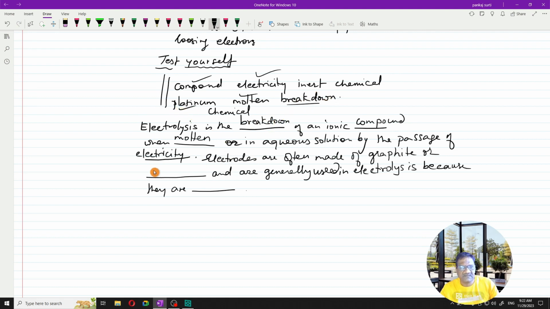It should be either graphite or platinum, and are generally used in electrolysis because they are dash. So these electrodes which are made of either graphite or platinum are generally used in electrolysis because they are inert. Inert means they are not reacting with the electrolyte.